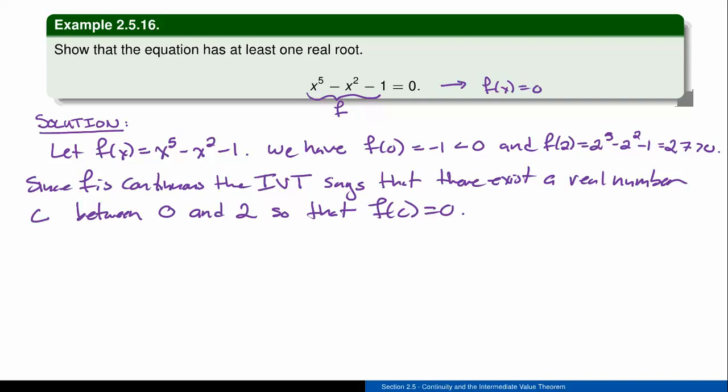And that's exactly the statement I wanted to see. I wanted to know that there was some c value so that when I plugged c into this function f, it kicks out a 0.